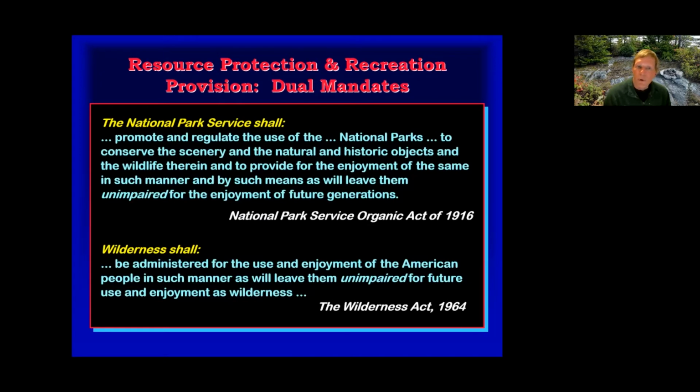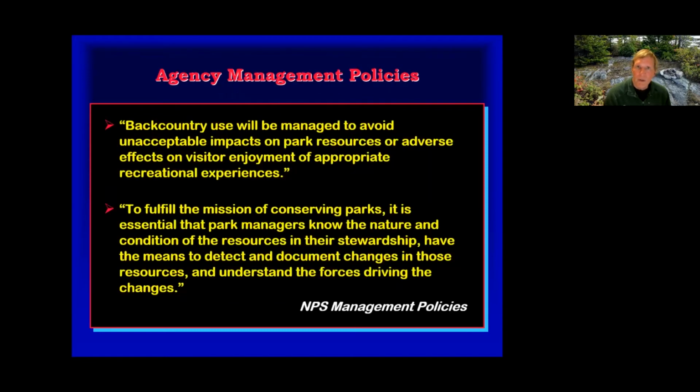We often see the word unimpaired in these kinds of definitions and mandates. Unimpaired means that we would like to visit these areas and yet leave them in an unimpaired condition. And unimpaired gets at this concept of what changes that occur out there are unacceptable. So we'll be focused on that in this talk.